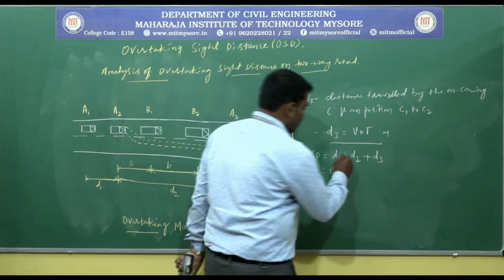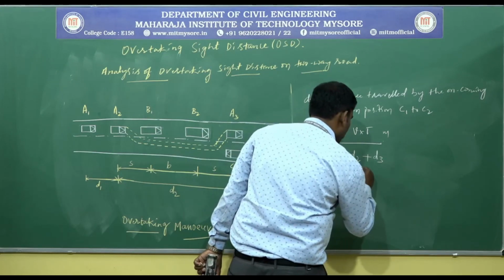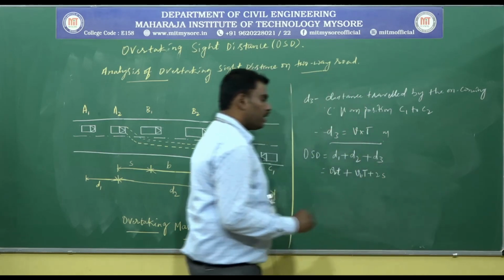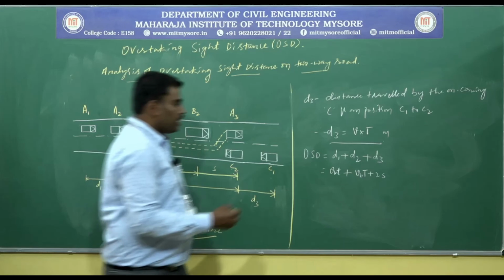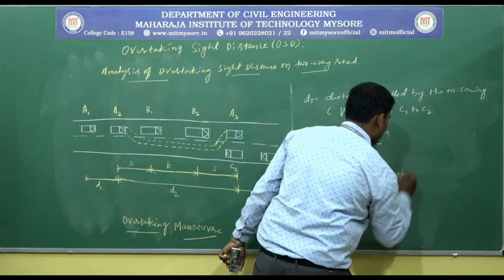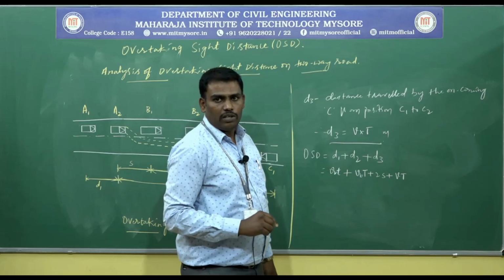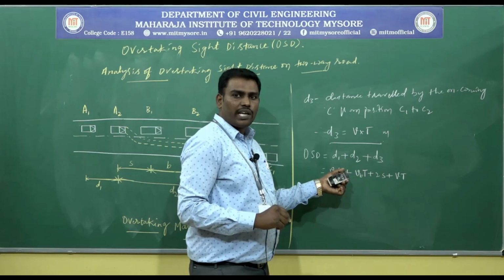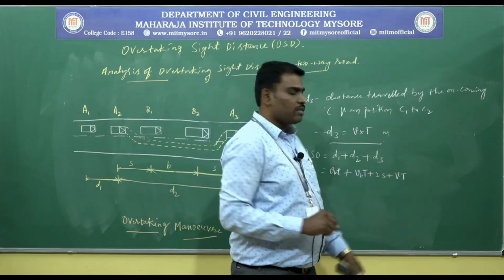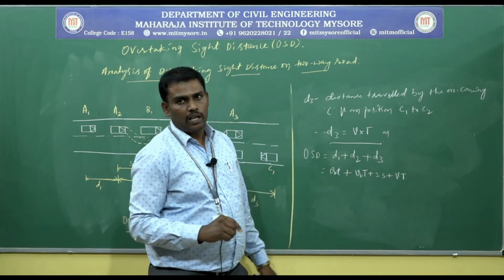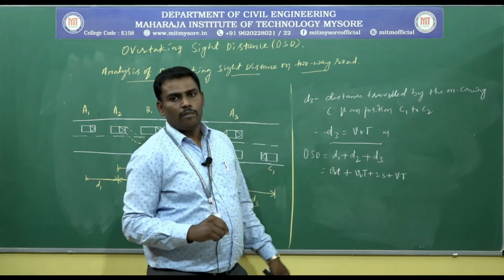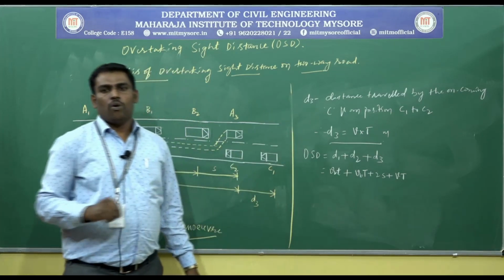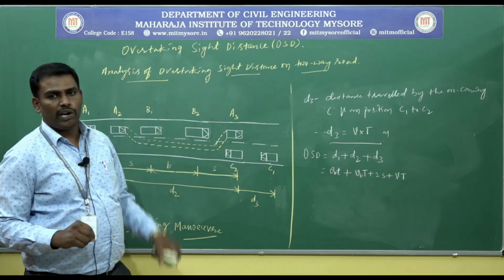Then d2 is Vb into capital T plus 2s, and d3 is equal to V into T. Where capital T is the overtaking time, equal to root of 4s by a, and s is the spacing between overtaken vehicle and overtaking vehicle, usually 0.7 Vb plus 6. Okay, this is regarding the analysis of overtaking sight distance on a two-way road.